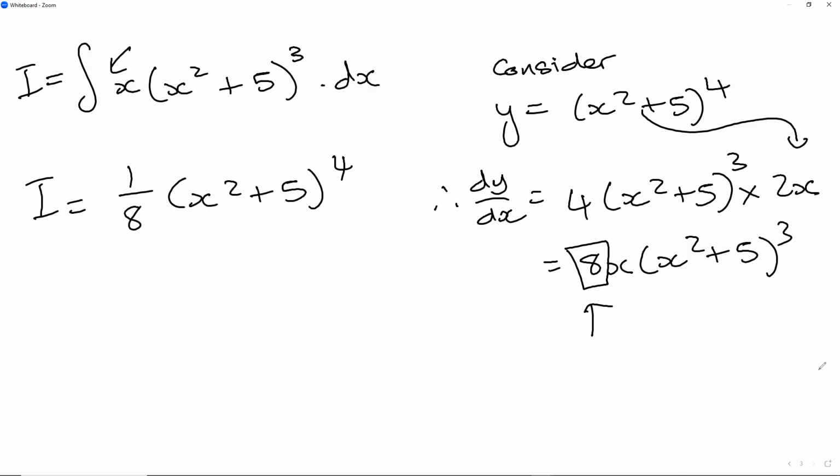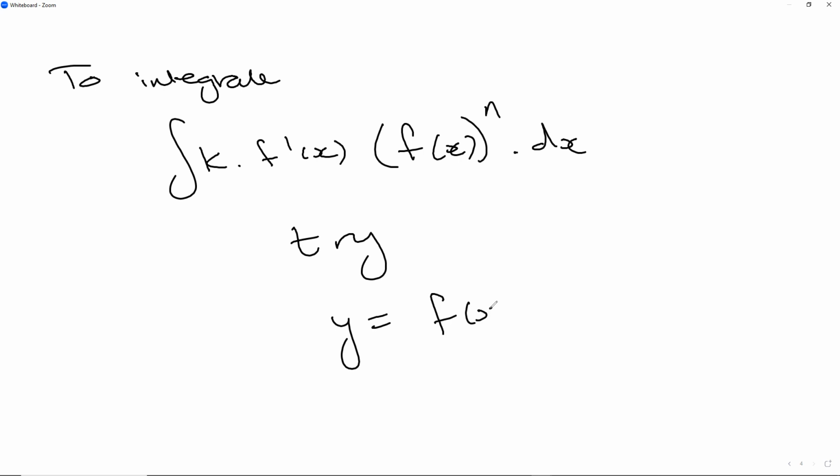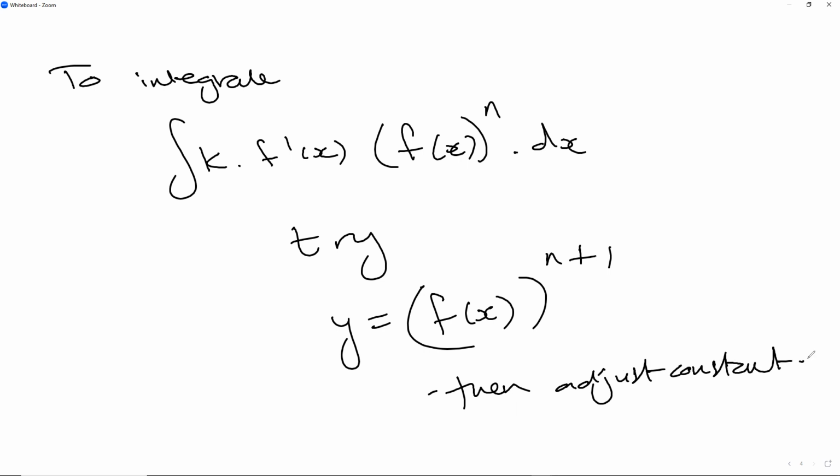So if I have to write this out, to integrate an expression given as the integral of k multiplied by the derivative of f multiplied by f of x to the power of n dx, we try, or we just tried, using that same function, y equals f of x to the power of n plus 1, and then adjust the constant from there.